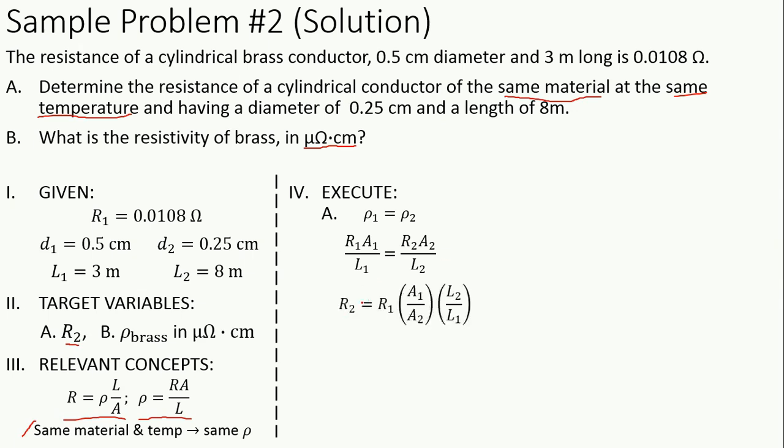After some algebraic manipulation, we simplify to the following expression and substitute the values for R1, A1, A2, L2, and L1. Take note that the cross-sectional area for both cases is a circle, since we have a cylindrical brass conductor. The formula for the area of a circle in terms of its diameter is A equals pi over 4 d squared. We substitute that and we can now substitute the values.